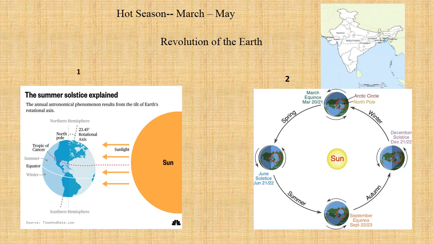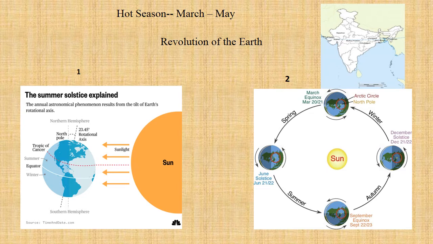The angle of sun rays is 90 degrees over the Tropic of Cancer. Due to the inclined axis of the earth, the North Pole is inclined towards the sun in summer season. And that's the reason India has intense heat for 4 months in the summer season from March to May.